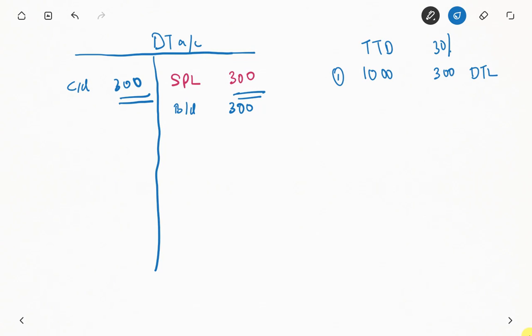First year settled. Second year. Calculate, compare, and now I have a taxable temporary difference of 2,000. Taxable in the future, so 30% will be 600.